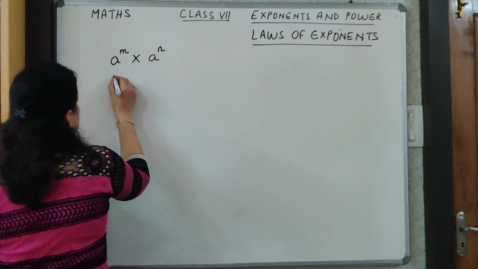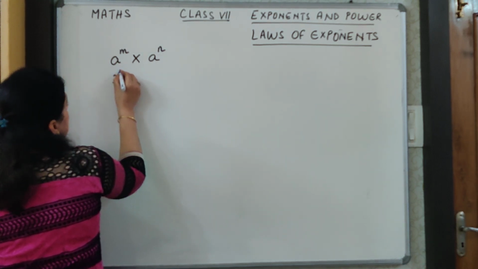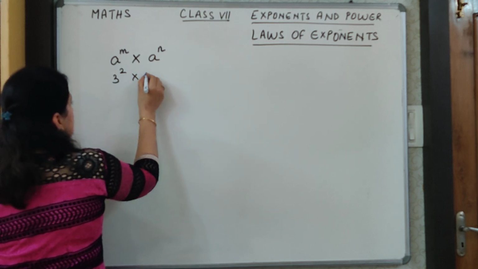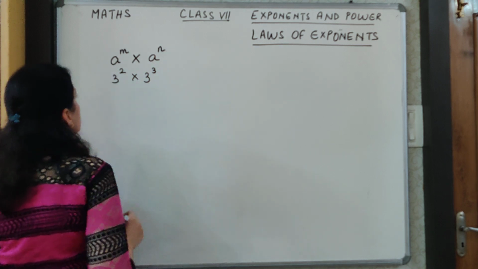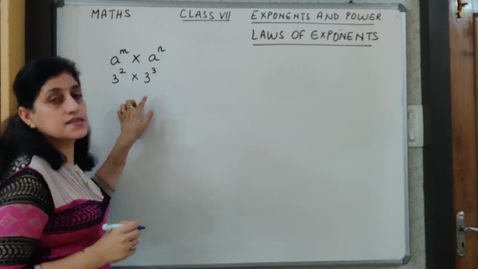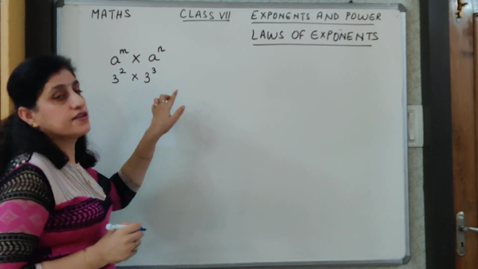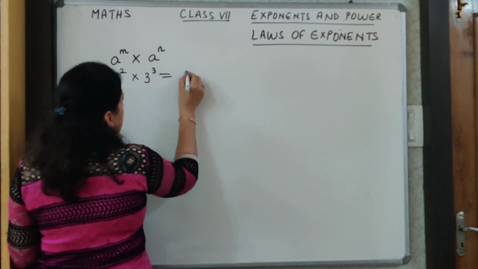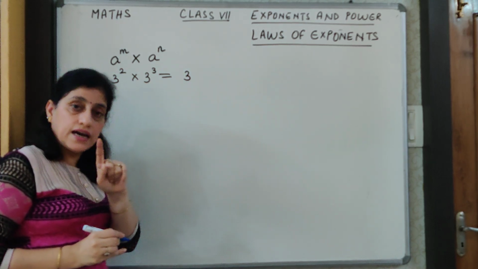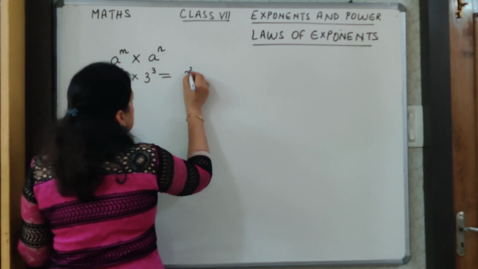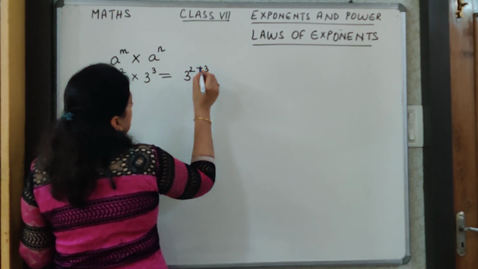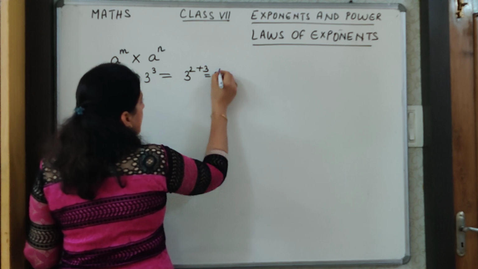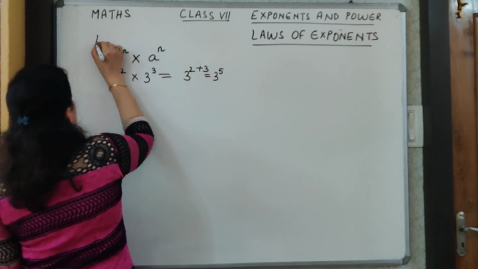For example, let me take over here 3 to the power 2 into 3 to the power 3. You see here the bases are same but the powers are different. In this case, we can move to the solution by writing the base only one time and then the powers are added. So we will get 3 to the power 5 as the answer.